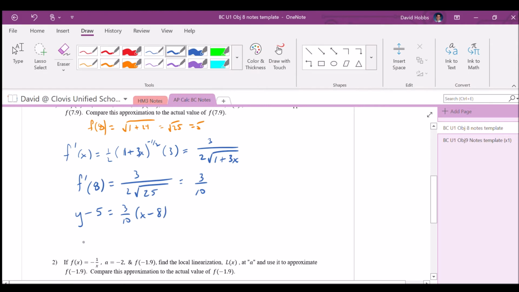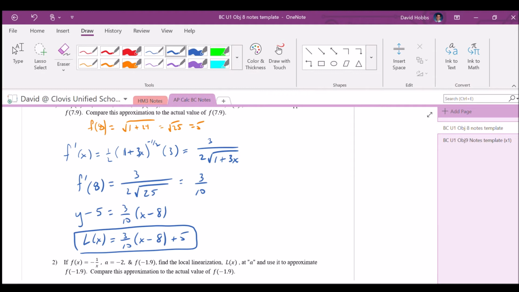So it's my linear approximation if I move the negative 5 to the other side and just replace the y with an L of x. So L of x equals 3/10 times x minus 8 plus 5. There is my local linearization. So for values close to 8, this is a pretty decent approximation.